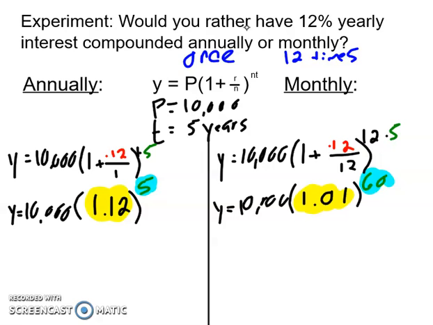Let's do annually. 10,000, parenthesis, 1.12, close parenthesis, raised or caret 5. What do we get? We get $17,623.42.